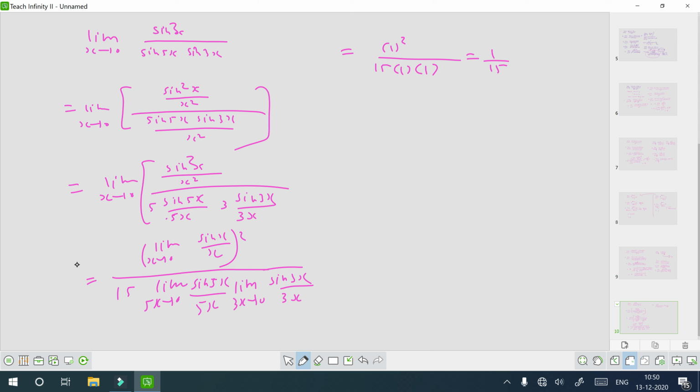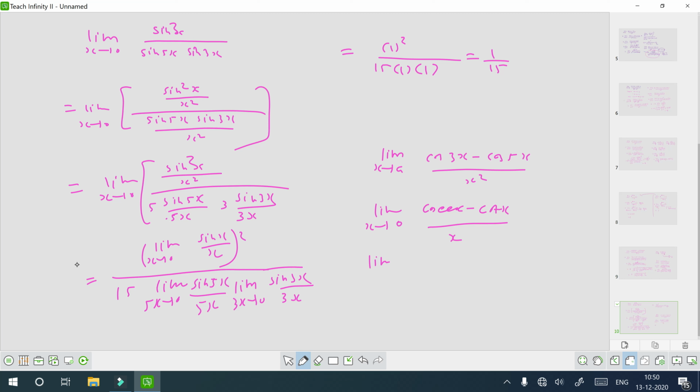Now let us leave these sums for you, just apply the formula. Limit x tends to a, cos 3x minus cos 5x over x square. Try yourself. Limit x tends to 0, cosec x minus cot x over x. Convert into sine cos, then it is very easy for you.